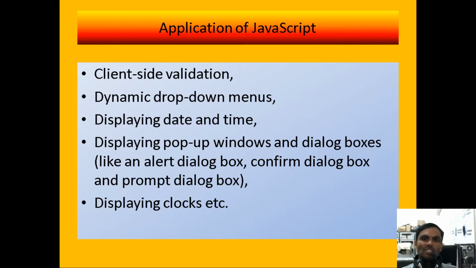Now if you want to see the applications of JavaScript, we can develop applications for client-side validation. The main purpose of JavaScript is designing client-side validations. Suppose you want to design an application, maybe a student form or an employee form.